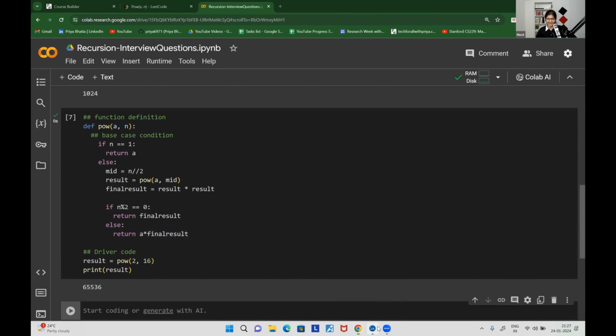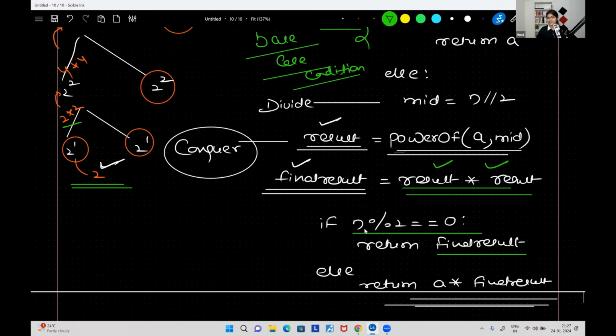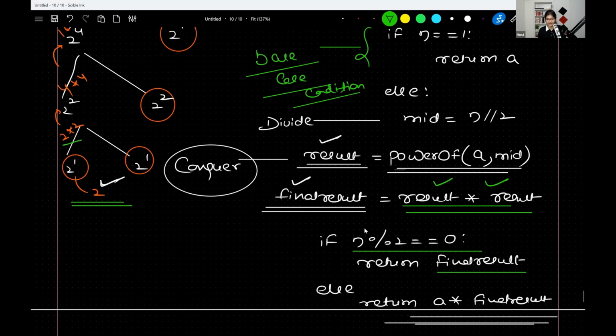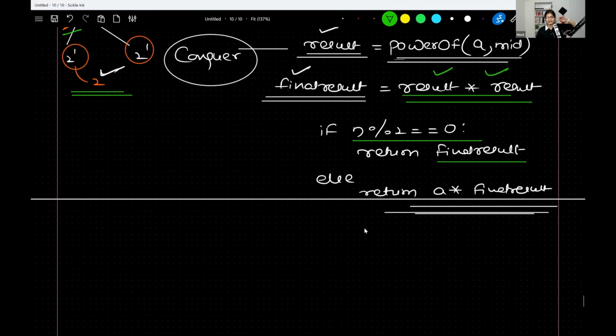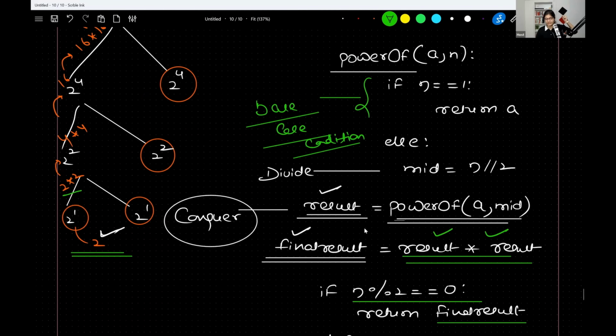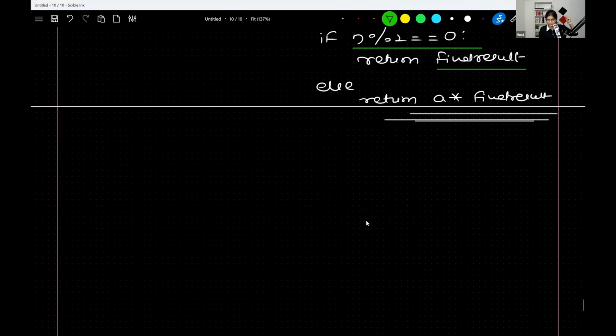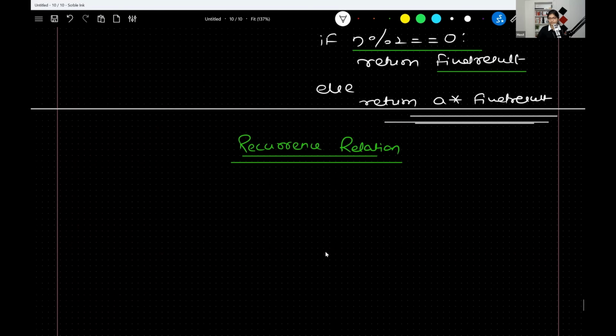Now, if I ask you again the same part, what is the time and the space complexity for the same? Let's work on that part, and then we will see how it is better than the previous approach. So what is the recurrence relation? Anyone?